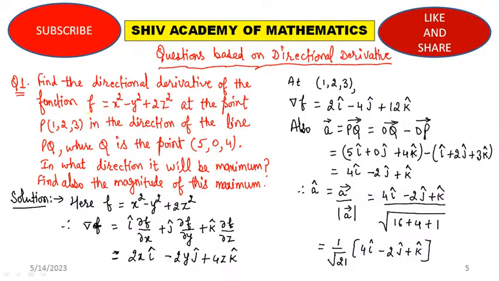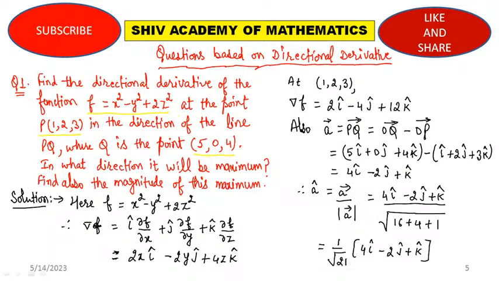Find the directional derivative of the function f equal to x square minus y square plus 2z square at the point P(1, 2, 3) in the direction of the line PQ. The point P is already given as (1, 2, 3), and the point Q is (5, 0, 4).